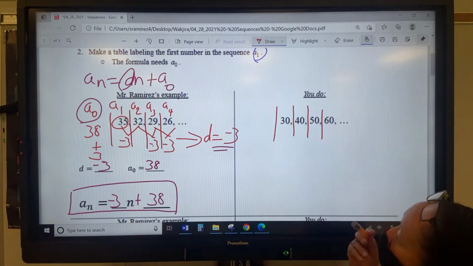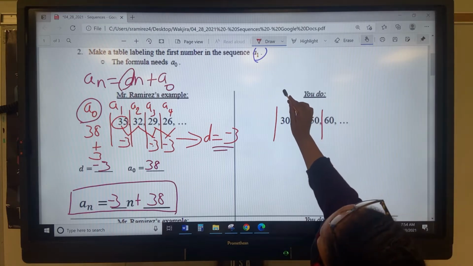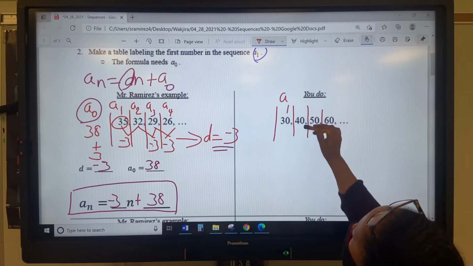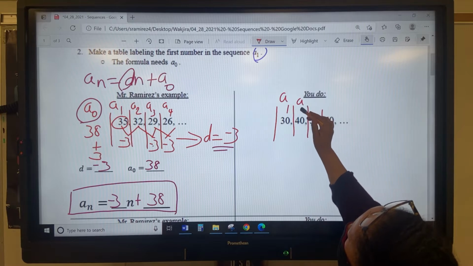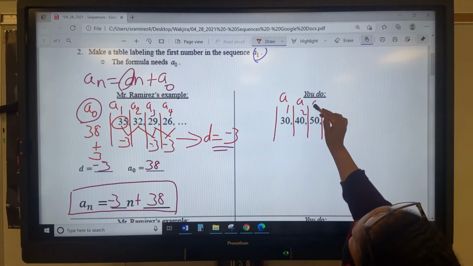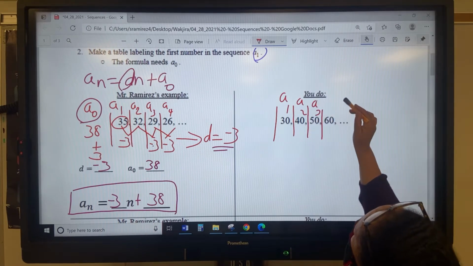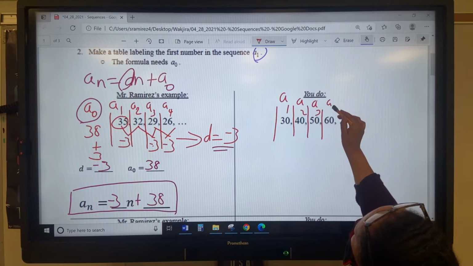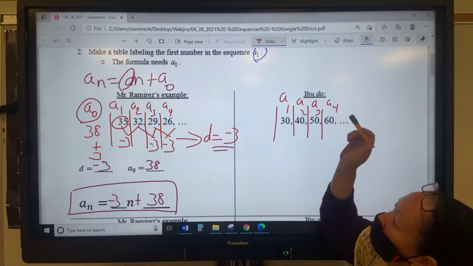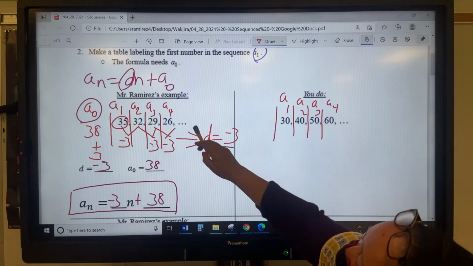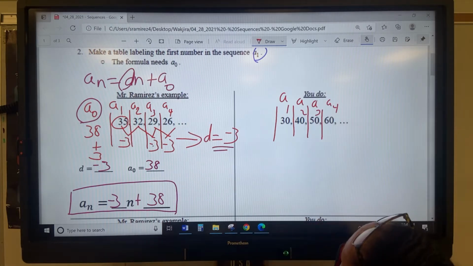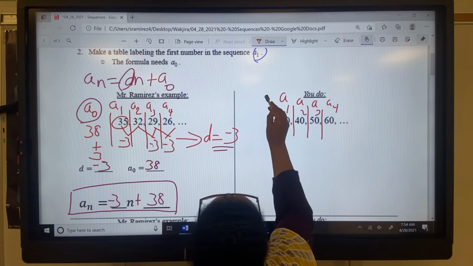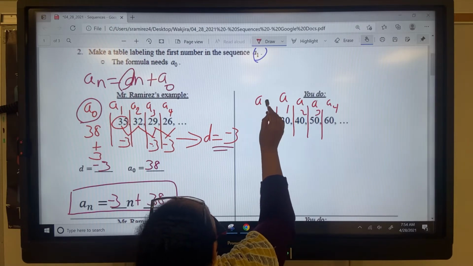Since this is our first number, we give that A sub 1, our second A sub 2, A sub 3, A sub 4. Then, since we have A sub 0 in the formula, we have to write it down in order for us to find it.